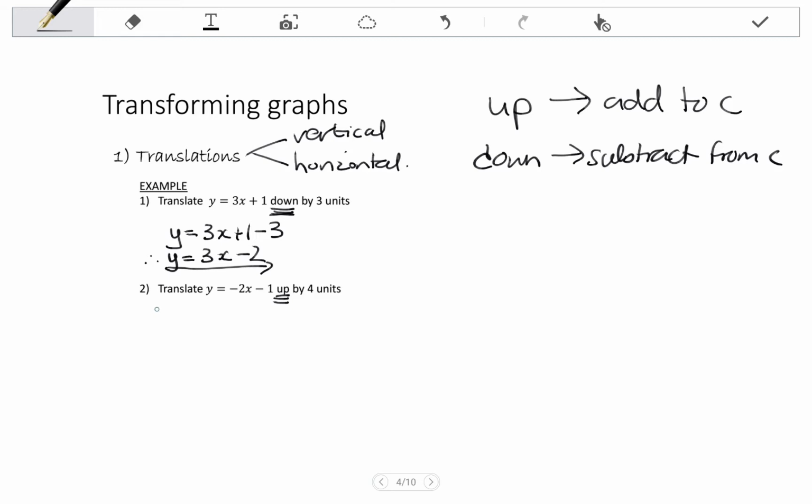Second example, translate y equals negative 2x minus 1 up by 4 units. So I'm going to have y equals negative 2x minus 1. I'm going to add 4 to the c value to move it up. And that simplifies to y equals negative 2x plus 3, which is the equation of my translated graph.